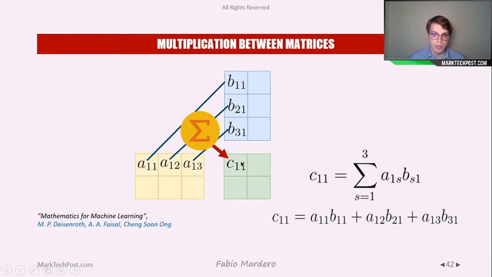As you can see, the indices of C are 1 that came out from here. You see that A has the first index equal to 1 in every coefficient, and the second index comes from the B matrix.